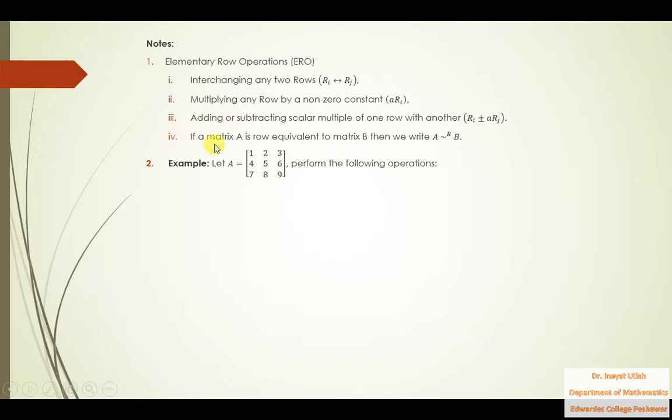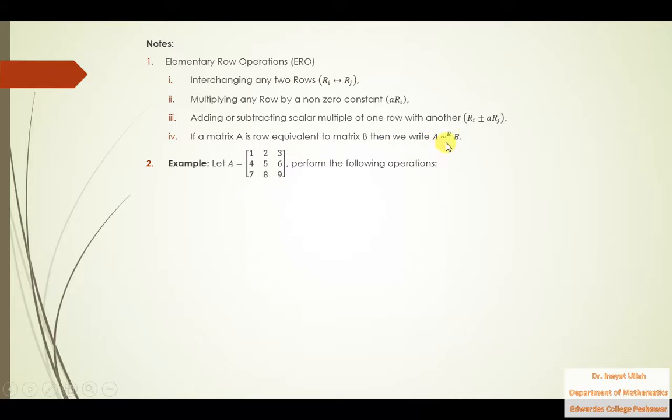Number 4: if you obtain a matrix B from a matrix A by elementary row operation, then we say that A is row equivalent to matrix B, and we write this symbol.